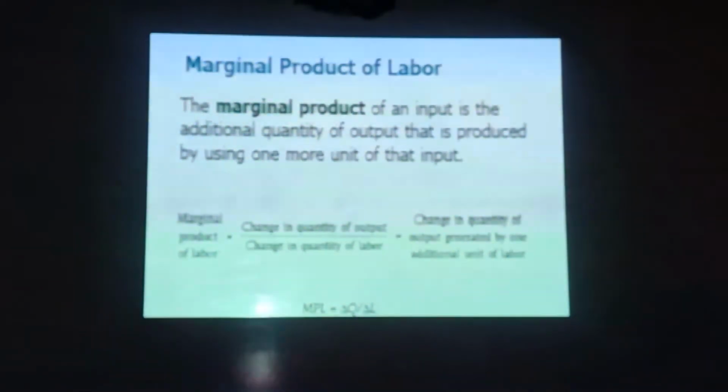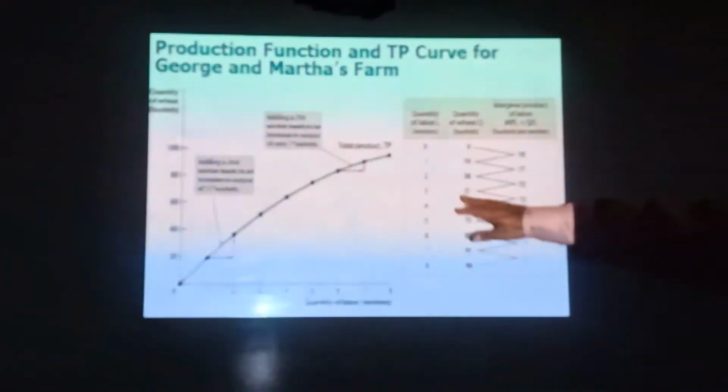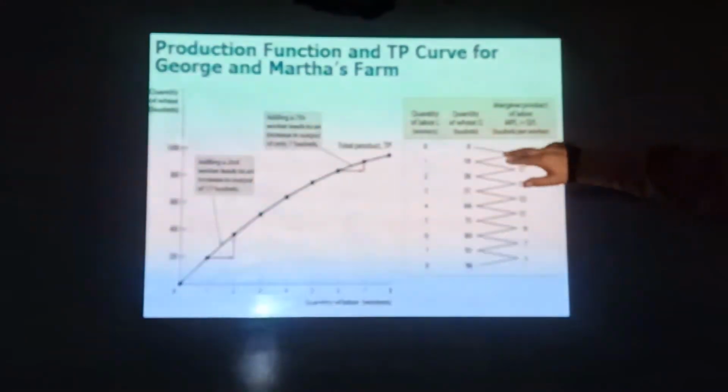So the marginal product of labor, what is known as the marginal product of labor? Usually we say that when we are adding one more, marginal means additional output, in this case, the output produced by one more laborer. As we have discussed in the previous example, when we have 0 input or labor, we have nothing to produce.